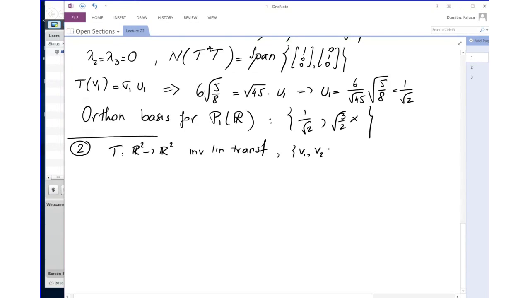So V1, V2, let's say, an orthonormal basis for R2. So I'm applying the SVD now, the singular value decomposition. So I get 2 bases, V1, V2, and U1, U2, an orthonormal basis for the other space, which is still R2.